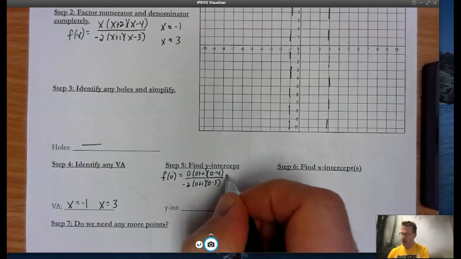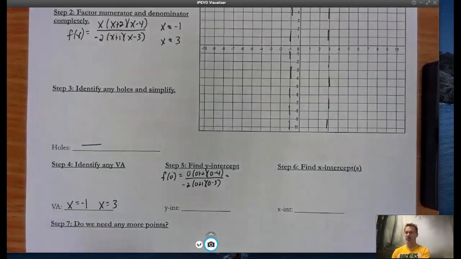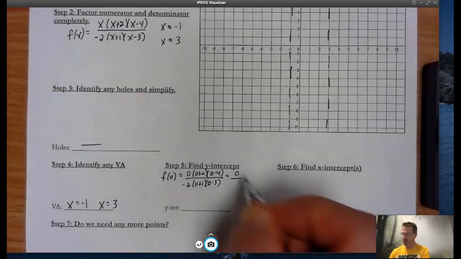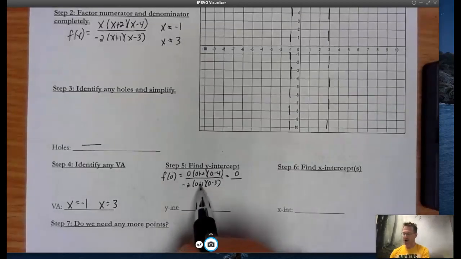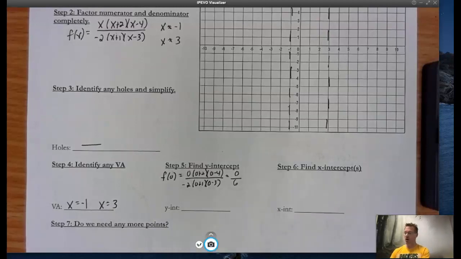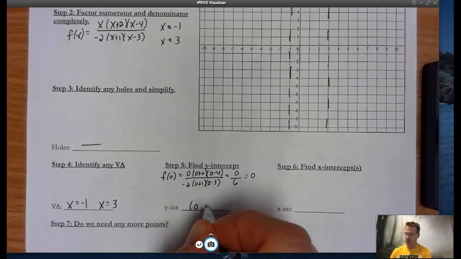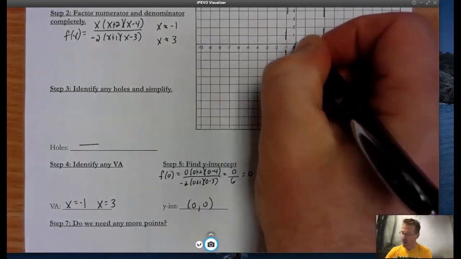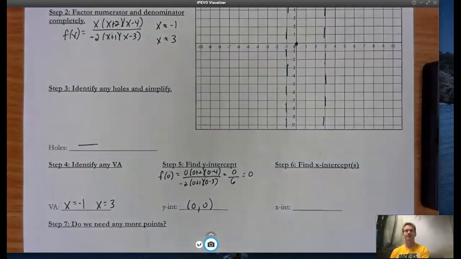It looks like the entire numerator, it doesn't matter what these are, is going to be a 0. And then we're going to get negative 2 times 1 times negative 3, which is a positive 6, which means that our y-intercept is 0, which means it's 0, 0, which also happens to be an x-intercept as well. So we know our graph goes through the origin here.